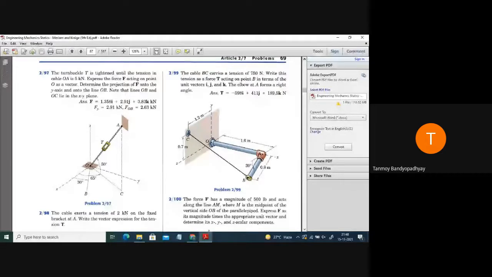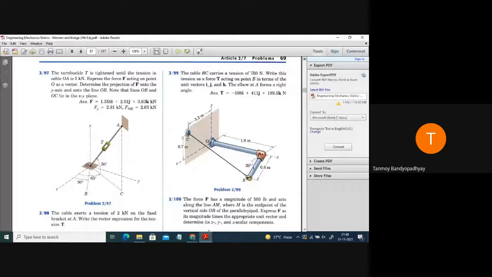Similarly, if you need to reduce the tension, in the winter season, you can just unscrew the turnbuckle and reduce the tension in the string OA. The turnbuckle is a very useful instrument that can be used for reducing or increasing the tension. You can tighten the bolts and get a higher tension, and you can loosen the bolts and get a lower tension. So the design of the turnbuckle is an important part of mechanical design actually.